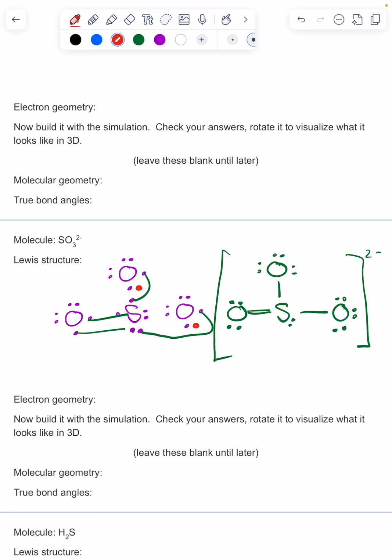So if I check the formal charge on this, I'm doing the sulfur, 1, 2, 3, 4, 5, 6. So this is 0, this is 0, and these guys are -1. That is really the best option.